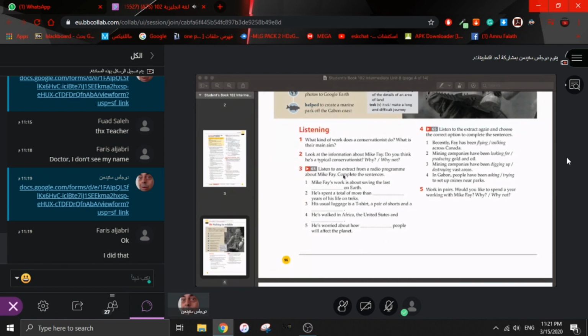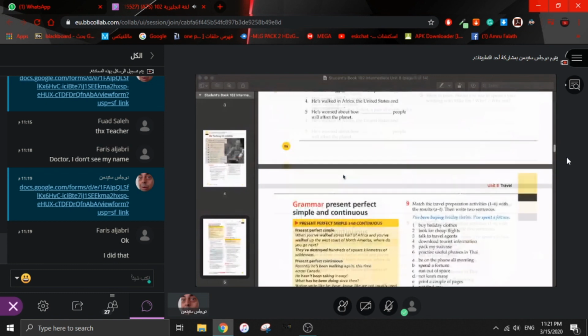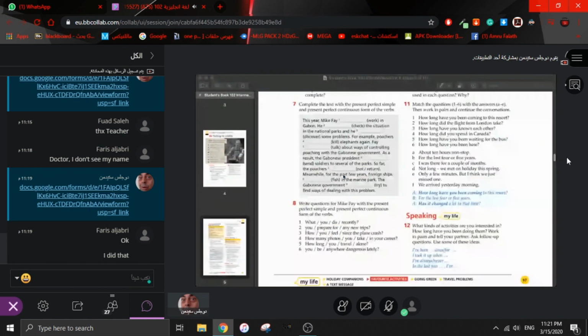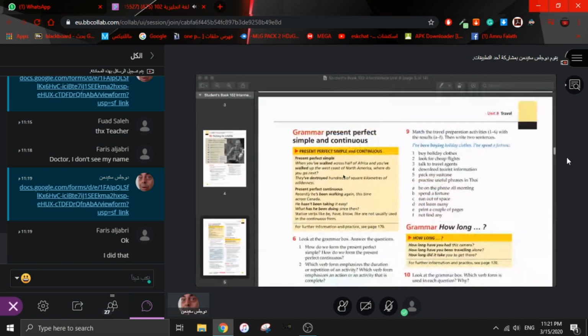If you go to the next page, we'll come back to this conservationist guy. If you go on to page 97, let's take a quick look at our grammar section. As we were looking at what this conservationist has done, I told you that we were looking at the grammar points so far.